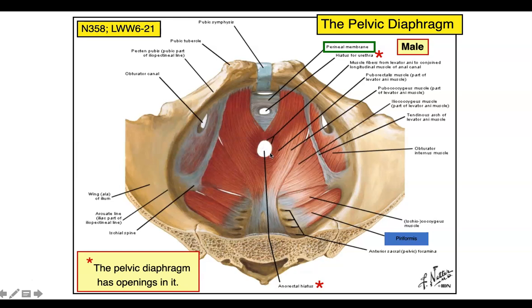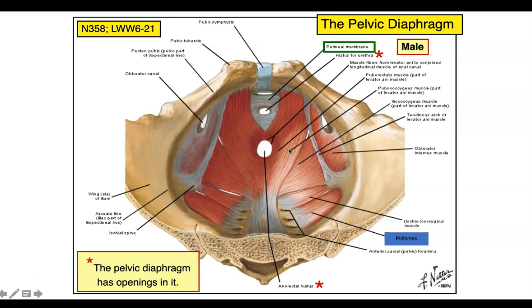So the pelvic diaphragm is not a solid diaphragm. It has openings in it. There is the anal orifice, or anorectal hiatus, and anteriorly there is another orifice, the urethral hiatus for the urethra.